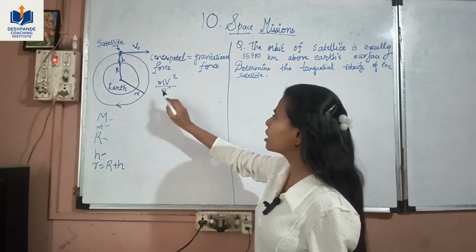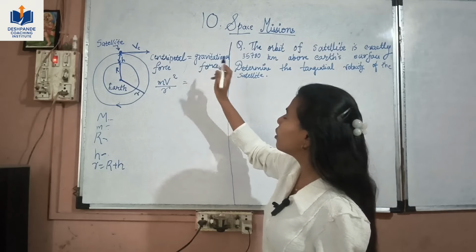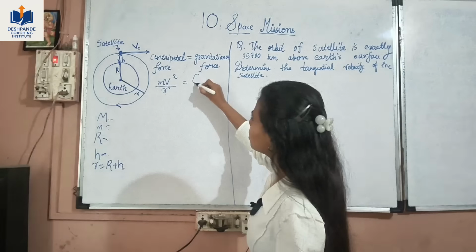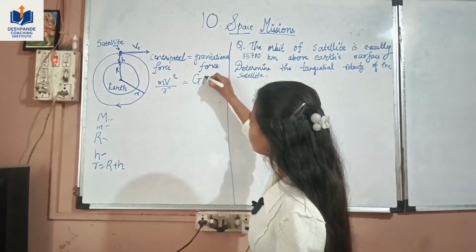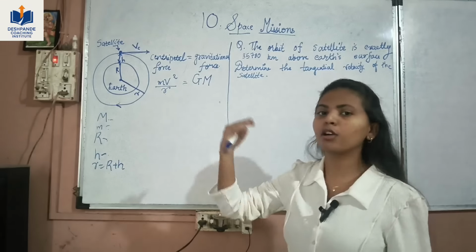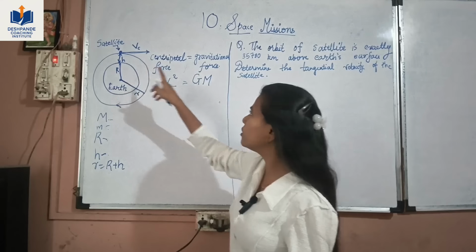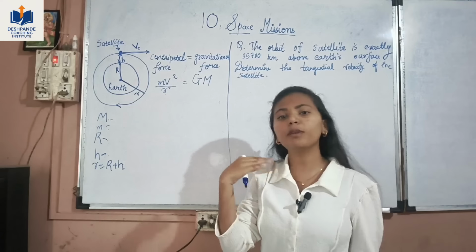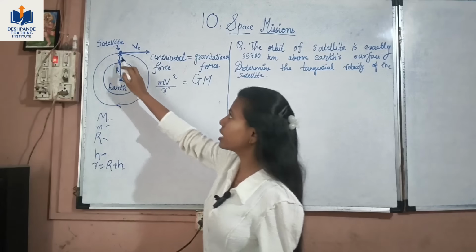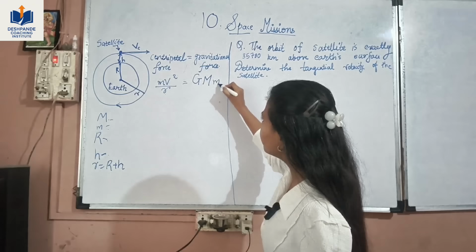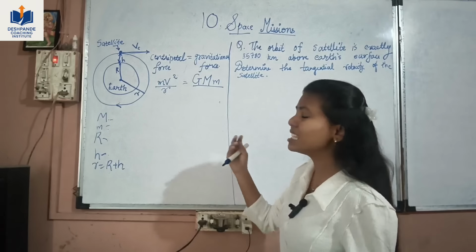So here r comes into picture, while the formula for gravitational force, we have studied in gravitation, is the constant G into the mass of first object. Now the first object here is earth. So the mass of earth is M. Then into mass of second object. Here the second object is satellite. So mass of the satellite is m upon distance square.